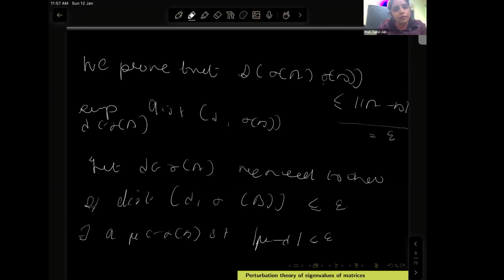Now let us assume that this is not the case. First of all, by translating both A and B by lambda: if A is normal, A minus lambda will also be normal and B minus lambda will also be normal. And norm A minus B will be the same as the norm of A minus lambda minus B minus lambda.